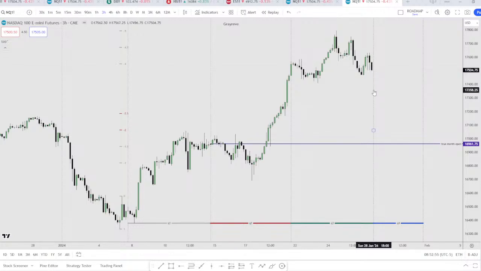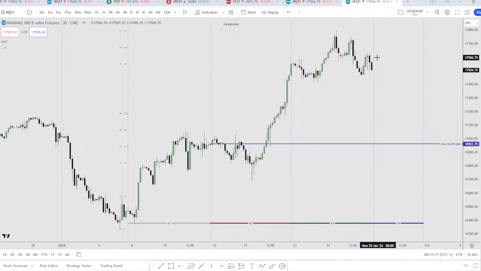I mean, in terms of trades that are trying to capture the monthly range, you're not trying to swing short above true month open, all right? Or even the monthly open itself. Okay, we're above that. We're way above that.